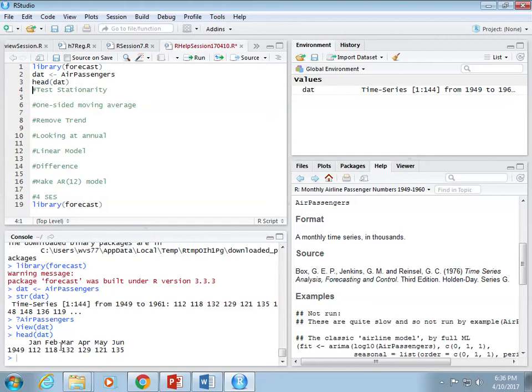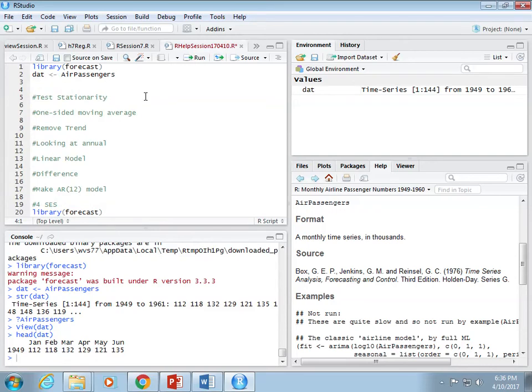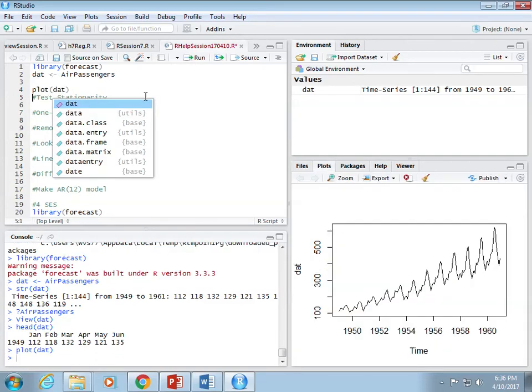You'll see it's January, February, March, April, May, June for 1949. Okay, and we can see what's going on with the plot. And you can kind of see this time series. You all see that? All right.